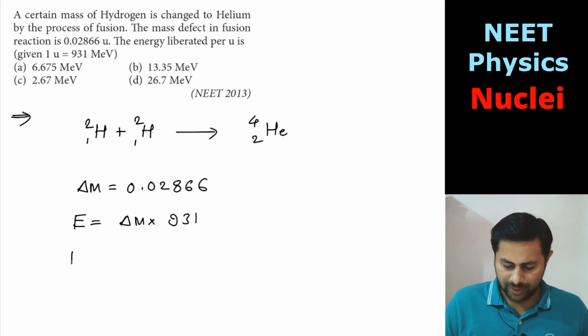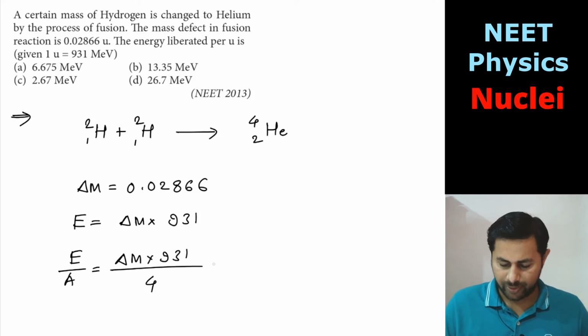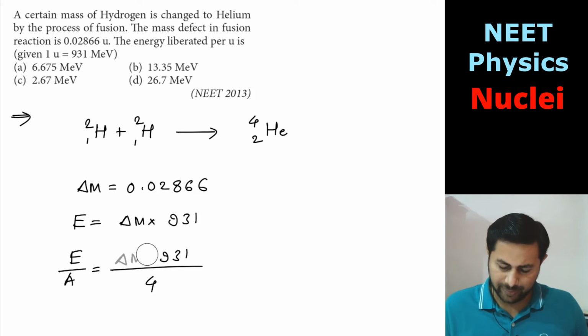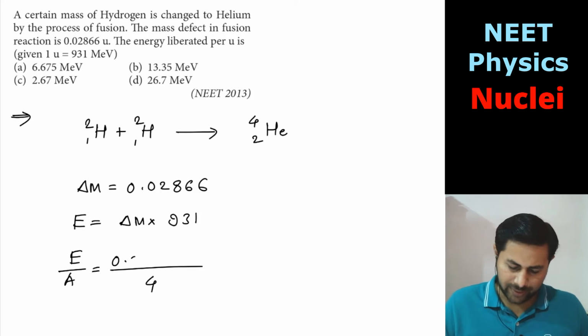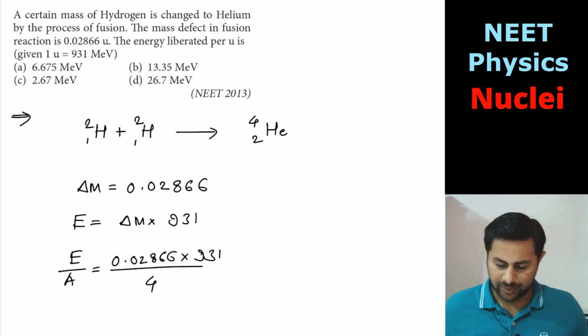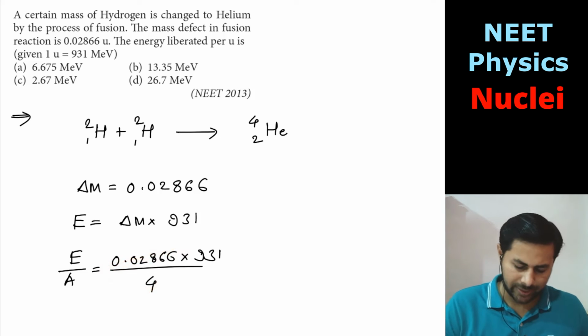So that is E per A would be equal to what? Delta M times 931 divided by 4. Okay, just put the values. What is delta M? Delta M is 0.02866 times 931. This thing divided by 4 will give me what?